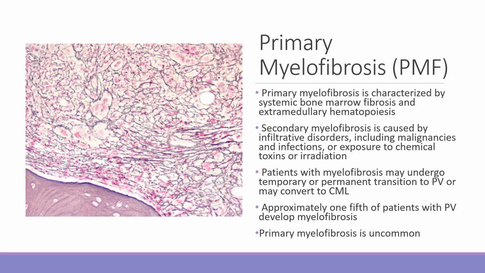Patients with myelofibrosis may undergo temporary or permanent transition to polycythemia vera, or it might actually convert to CML. Remember we talked in the introduction of our myeloproliferative disorders that a lot of times they will transition into either an acute leukemia or some other proliferative disorder.